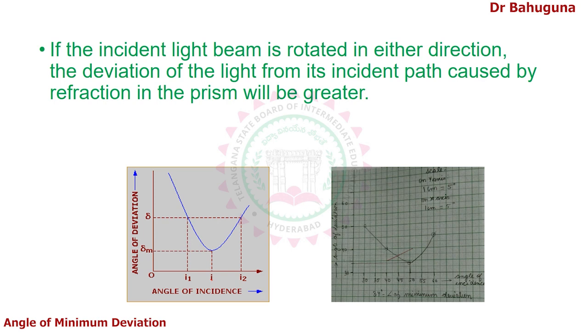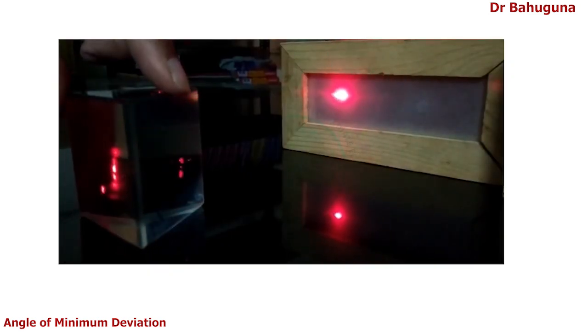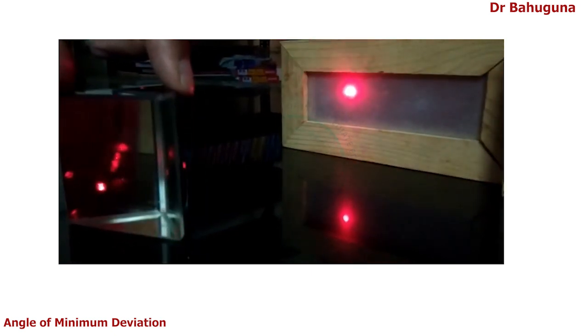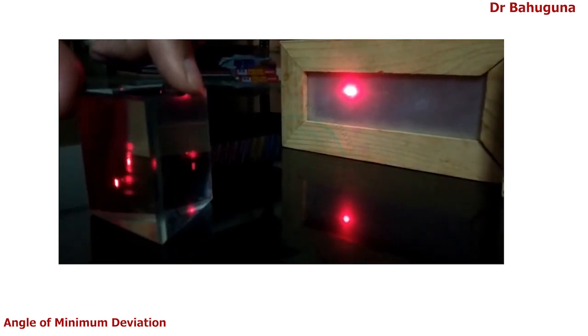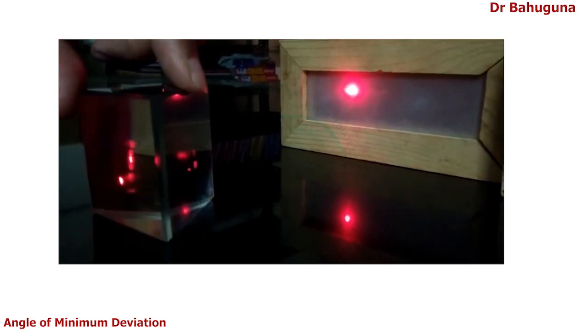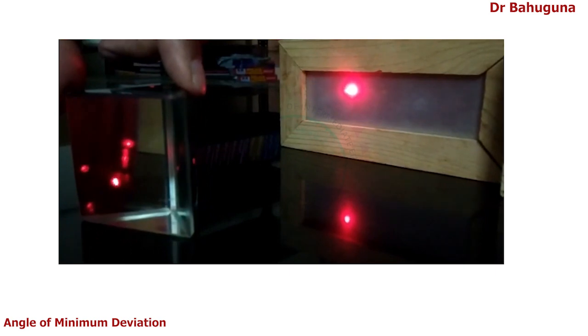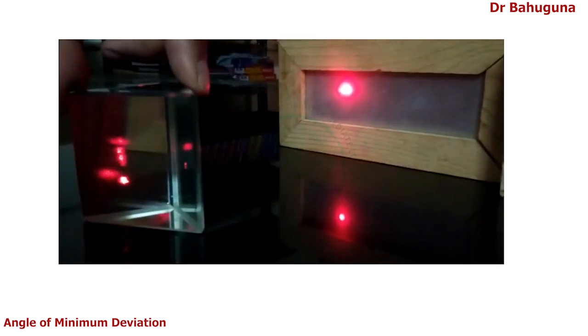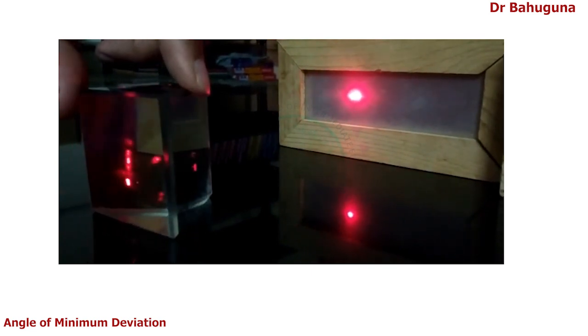This can be observed by a small demonstration here. Here we are physically rotating the prism and we are using a red color laser beam, and on the screen we see that the light ray comes to one point and again comes back. Where it is just turning back is the position of minimum deviation.